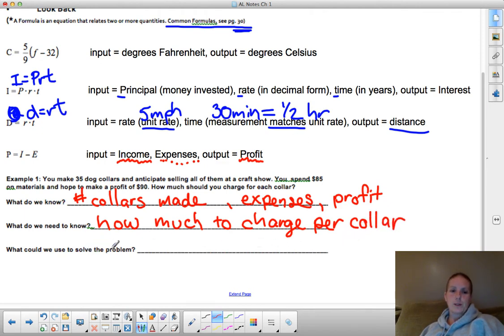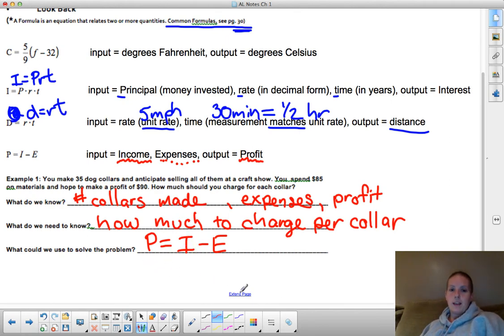What could we use to solve the problem? Well, it makes sense to me to use that last formula. Profit equals income minus expenses, knowing that our answer is going to be involved with this income part, right? We have expenses, we have profit, so our missing value is going to be part of that income value.